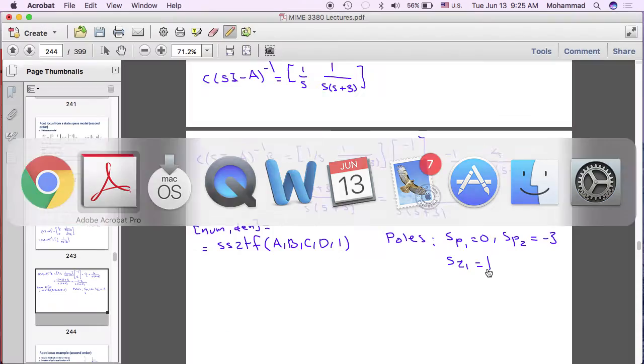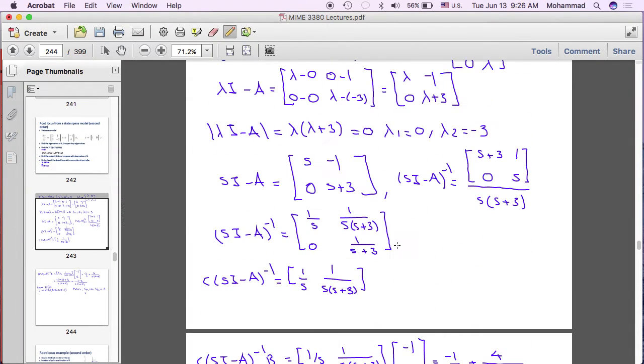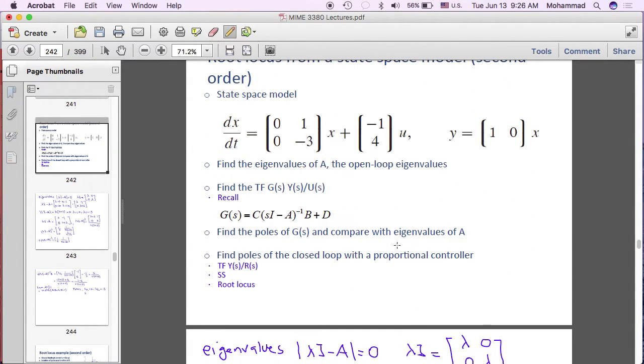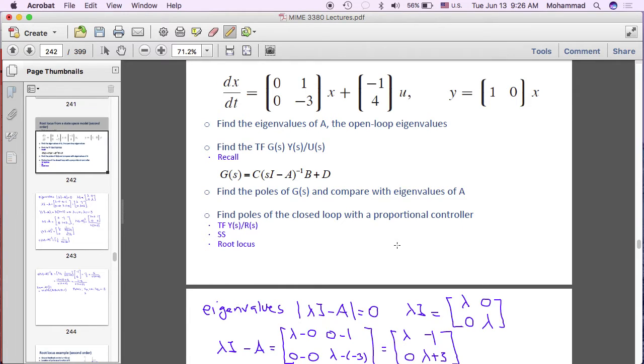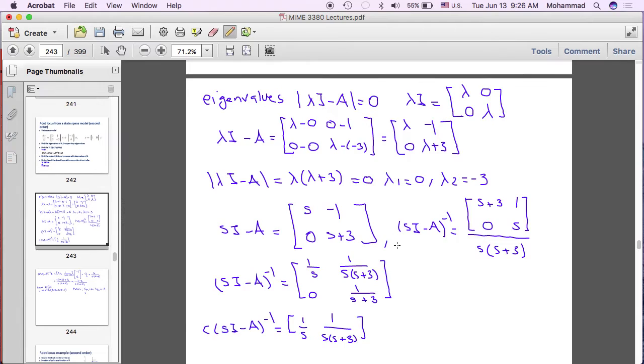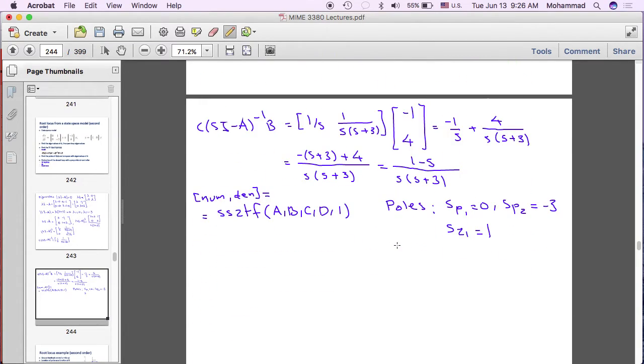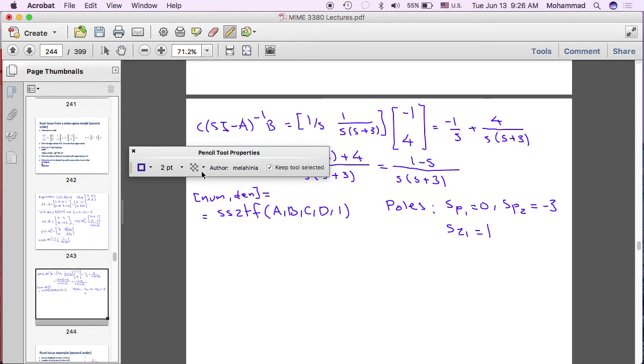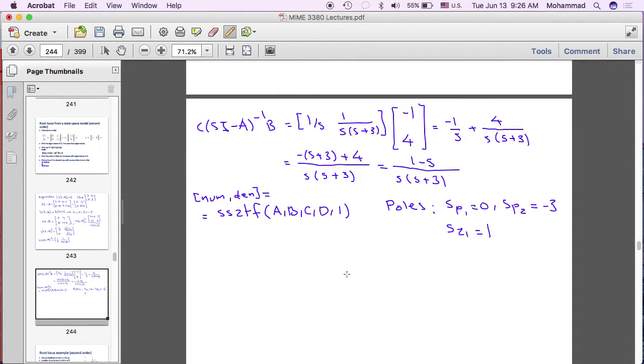So let's go back to our example. We found the 2 poles. Now we want to go ahead and create a proportional controller. So what does it mean to do proportional control? As before, this means we are going to close the loop.